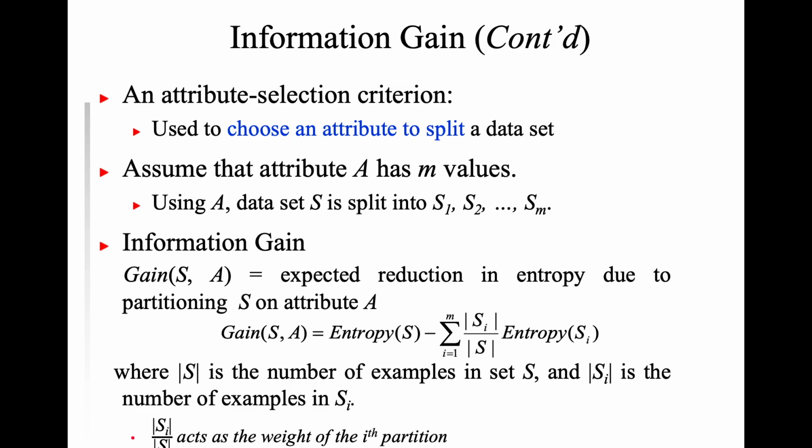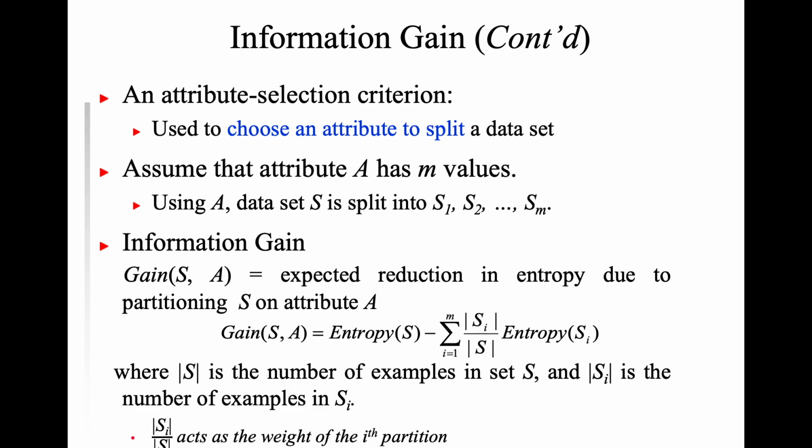And in this formula, when you calculate the gain of your set with respect to an attribute, let's say I select outlook, so A is outlook, I select this feature. And we said M would be 3 because outlook could be sunny, rainy, or overcast, right?